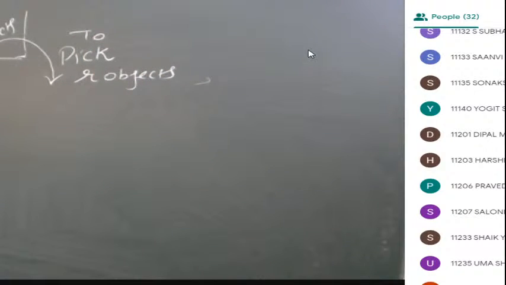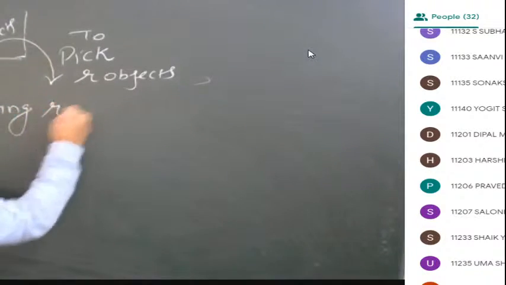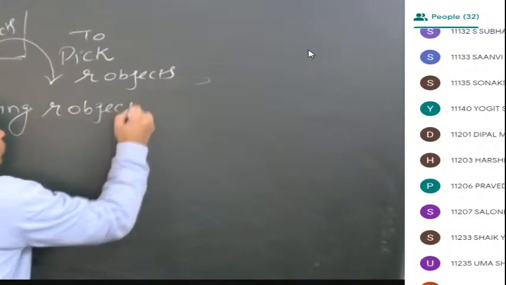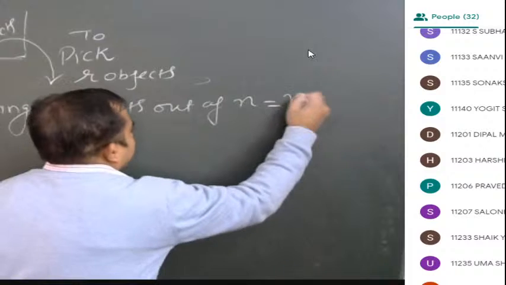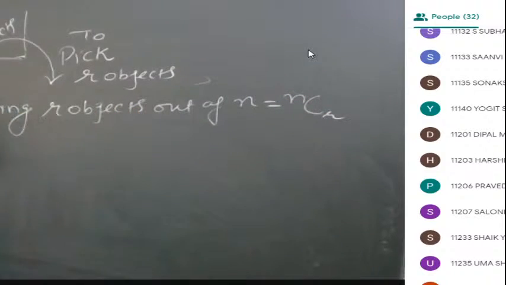To pick बोलूं या to select बोलूं, right. Number of ways of selecting r objects out of n, this is given by a symbol NCR, right.